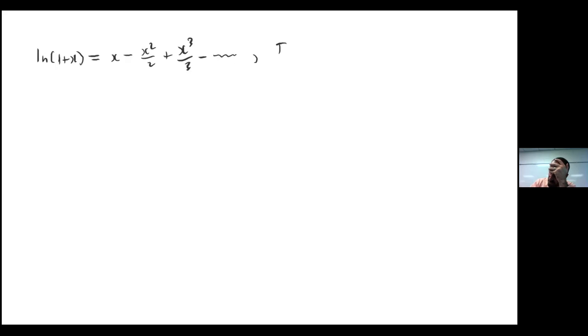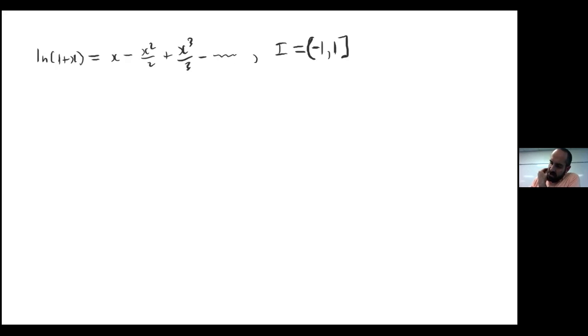And what's the interval of convergence for this thing? Well, -1 to 1. I can actually plug 1 in because I get the alternating harmonic series. But if I plug in -1, it diverges. It's actually the negative harmonic series. Okay.